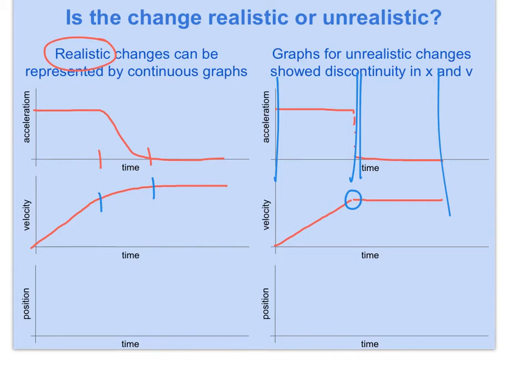Even though the position graph is harder to see, and I'm not really going to draw both of them here, we would imagine that the slope here would get greater and greater, and then at this moment where the acceleration changes to 0, my position graph should continue on with a perfectly straight line.